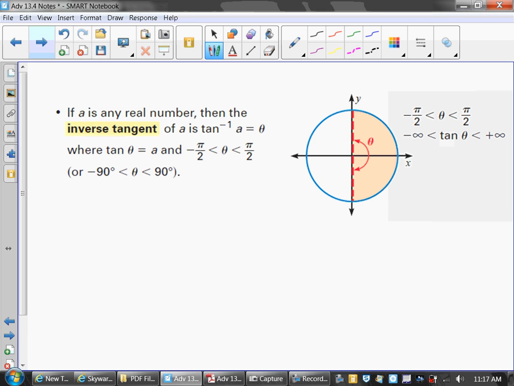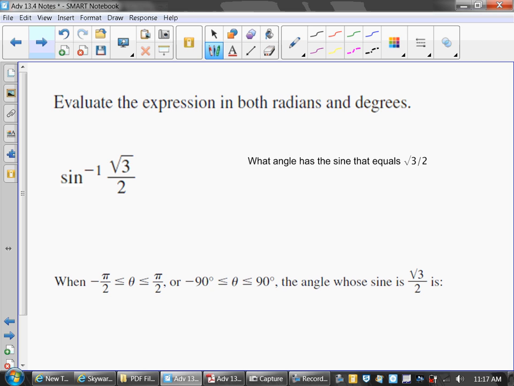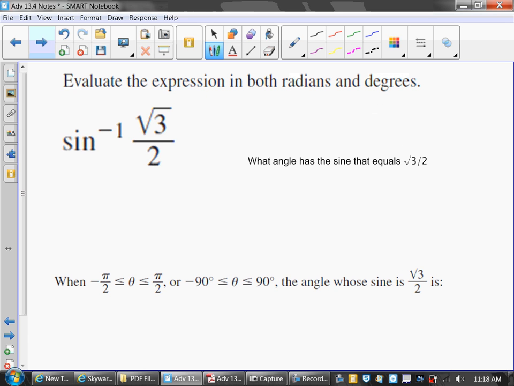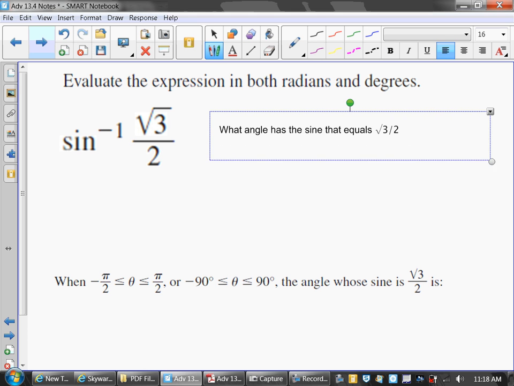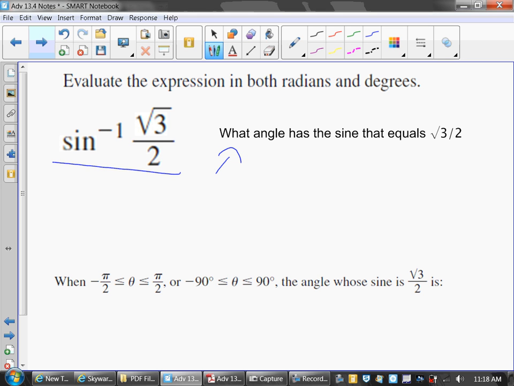So what's going to happen when you have these values, you're going to look at something like this. I'm going to ask you to figure out what angle has the sine that equals root 3 over 2. That's what this says. This says what angle has the sine that equals the square root of 3 divided by 2.